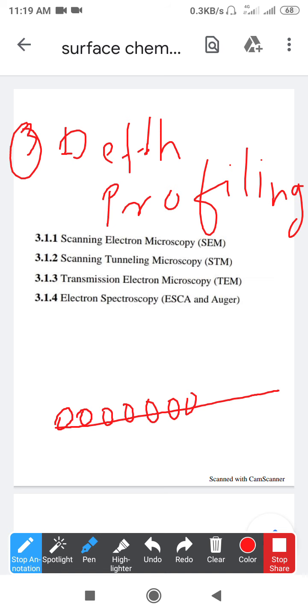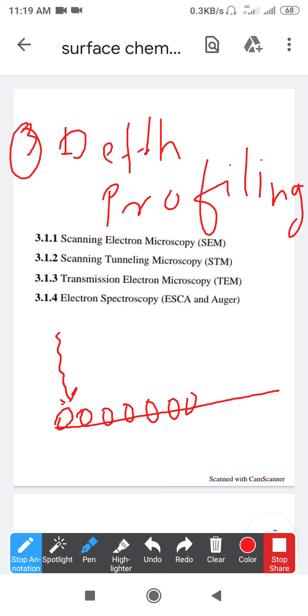That is useful for determining the properties of solids, like catalyst properties or conducting properties. So we get that knowledge by using depth profiling techniques. Here we can have a primary beam, which is incident on these atomic layers.